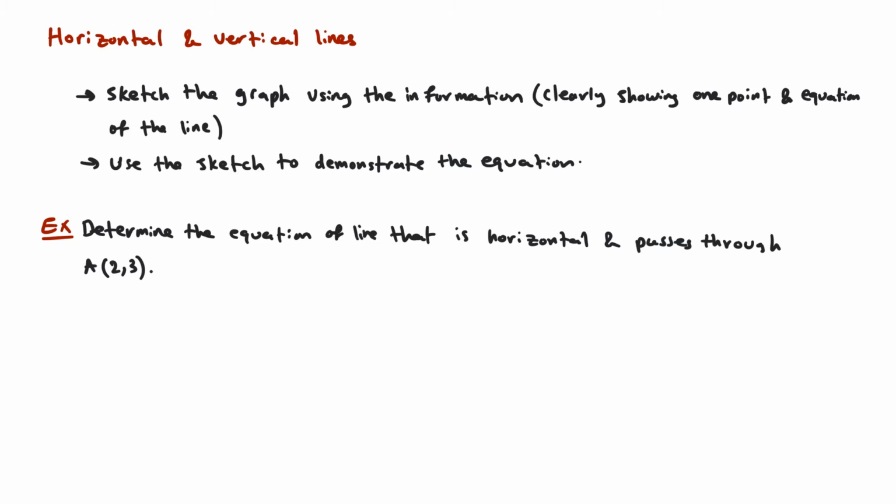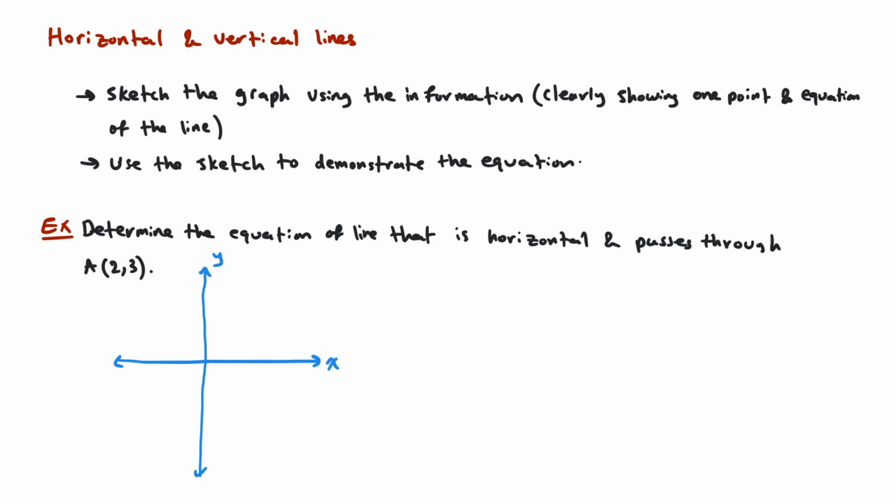So the question asks us to determine the equation of a line that is horizontal and passes through point A, which has coordinates of 2 and 3. So again, we're determining the equation of the line that is horizontal. So first of all, we're going to do a little sketch over here, and our sketch will have our x and y coordinates.